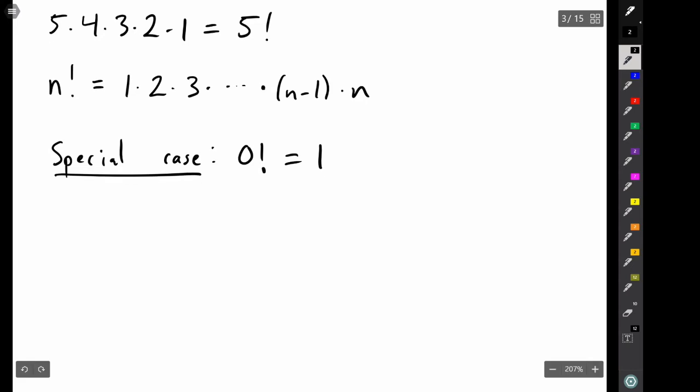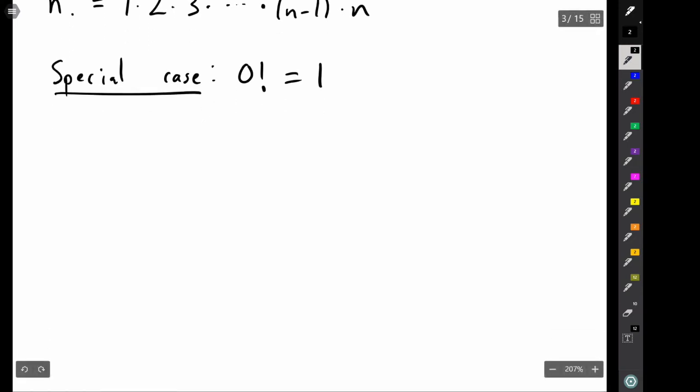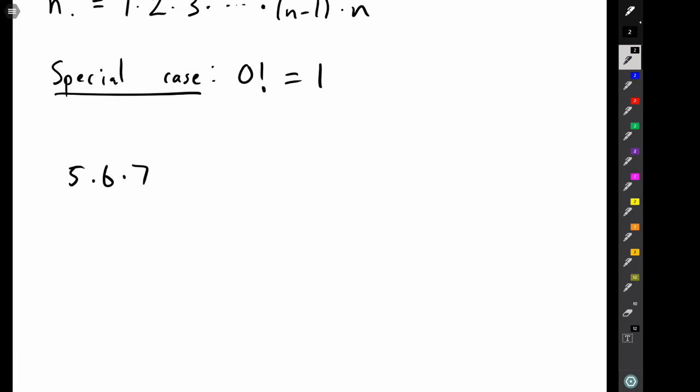Anyway, one particularly useful thing about the factorial is how it cancels out. So let's say we had the numbers 5 times 6 times 7. This is a product of consecutive integers, but it doesn't start at 1.